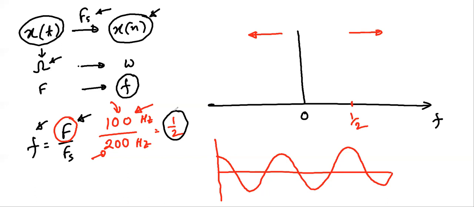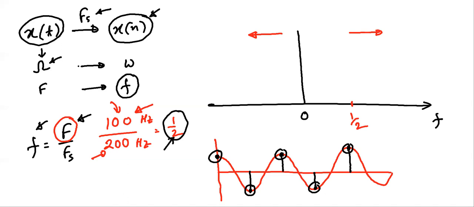From the last class, 2 samples per cycle. So where is the full cycle? Let's say this is the full cycle. So within a full cycle, we have 2 samples. Those are the 2 samples. For the other cycle, we have again 2 samples. For the other cycles, we have other samples. So we may have this kind of scenario. We have this sample, we have this sample, so on and so forth.